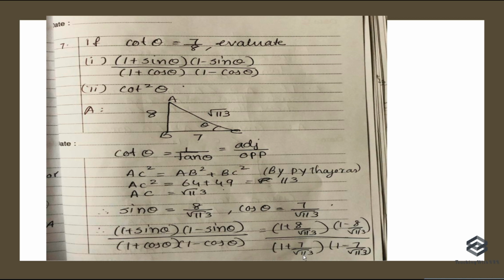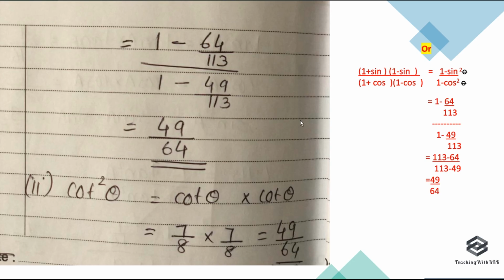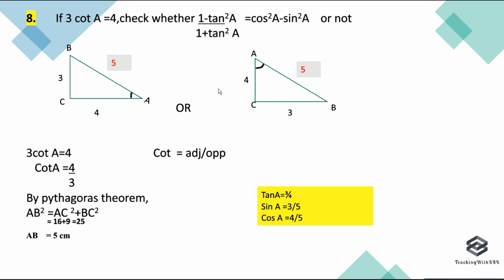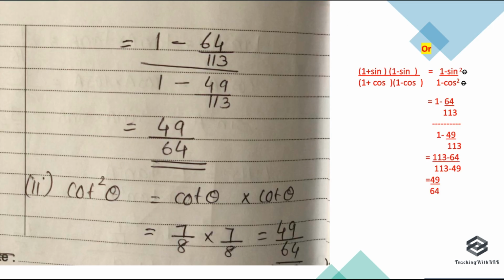Denominator also apply the same form. Here b is 7 by root 113. So 1 minus 7 square, 49, root 113 square 113. Then 113 minus 64 by 113 divided by 113 minus 49 by 113, and you will get 49 by 64.